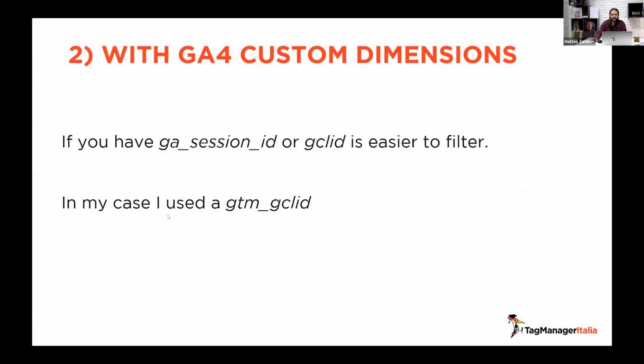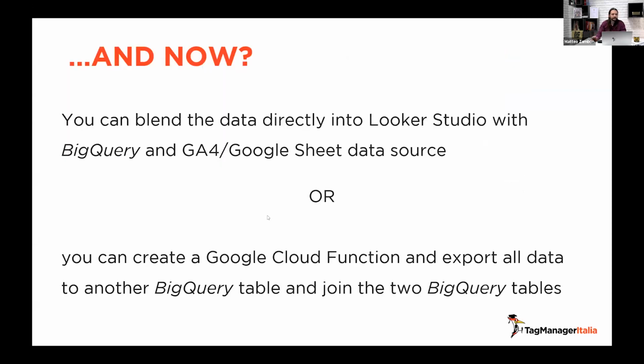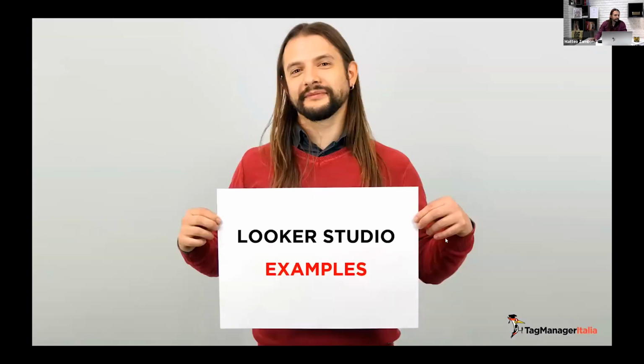In my case, I use the gclid value, so I can grab the information. And now you can blend with Looker Studio whatever you want, BigQuery with a Google Sheet, or you can do this directly in Google Cloud Platform with a Google Cloud Function, and export all data into a BigQuery table and join the BigQuery tables.